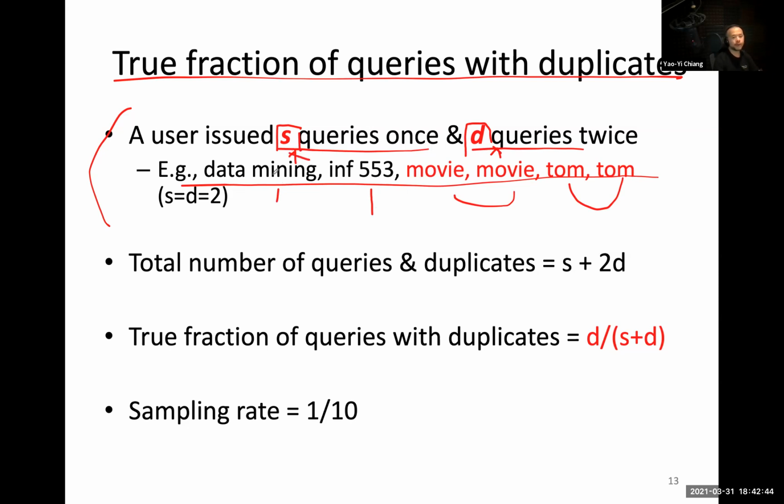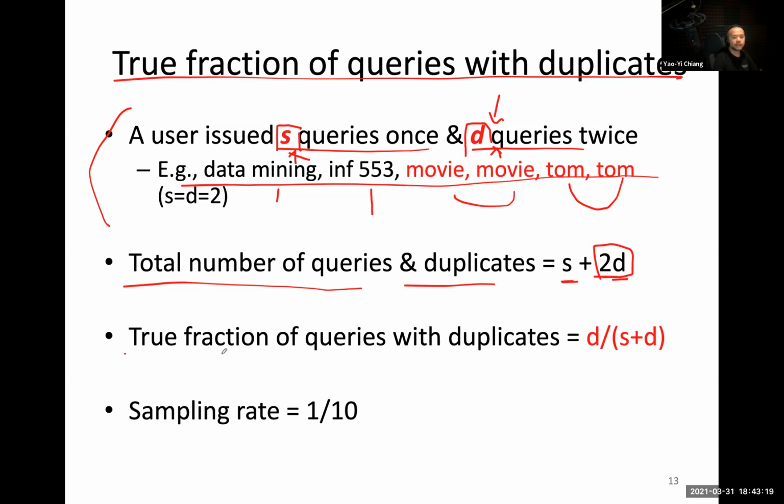This is just terminology. The total number of queries, including duplicates, is S plus 2D. Why do we have 2D here? Because each D query appears twice. So the total number of queries is S, appearing once, plus D, appearing twice, so 2D.